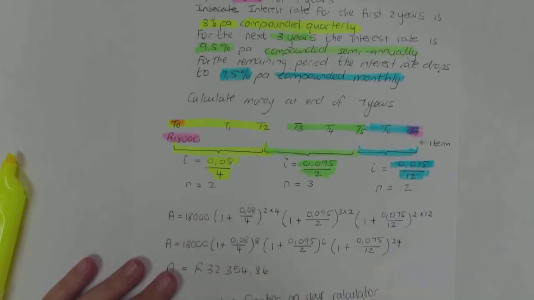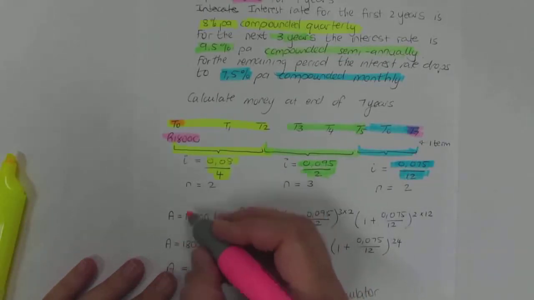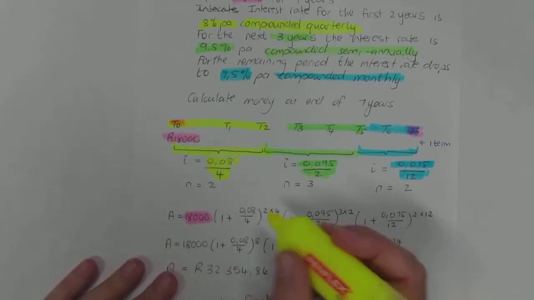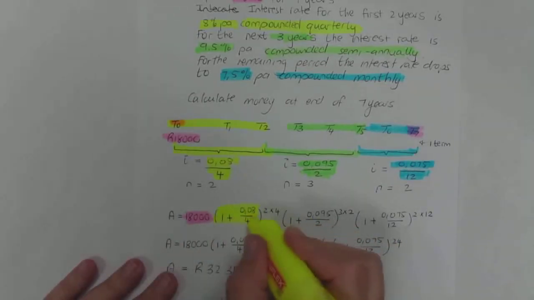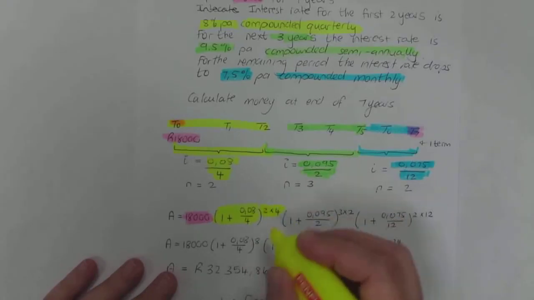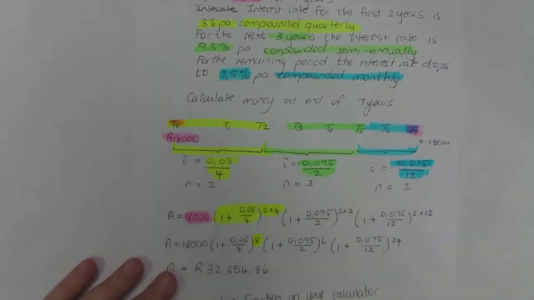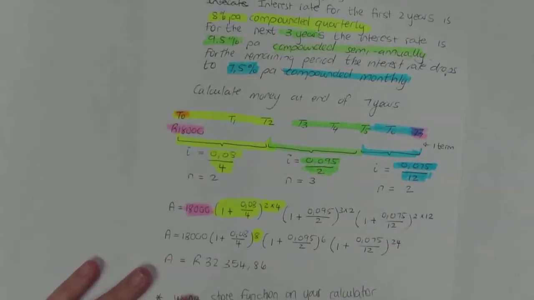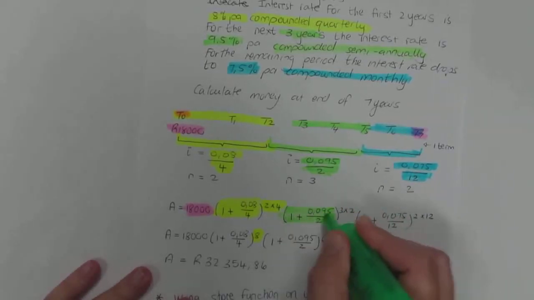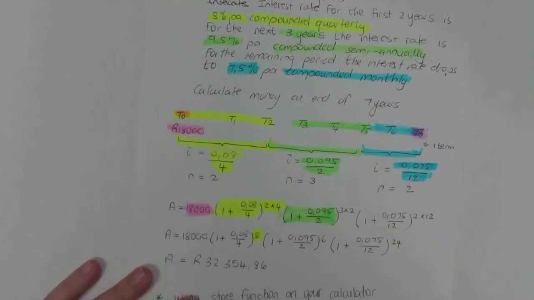So 18,000 was my deposit. Right. So my deposit for the first 2 years was 8%, but it had to be done quarterly. So 2 times 4 is 8. My second was 9.5% semi-annually.